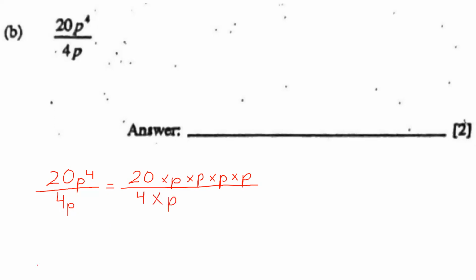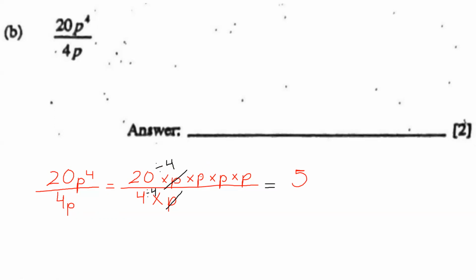All right, so let's cancel out. We know that this p on top and this p cancel. We can divide this 20. What number could go into 20 and 4? The answer is 4, so we can divide 20 by 4, and also divide 4 by 4. 20 divided by 4 is definitely 5.